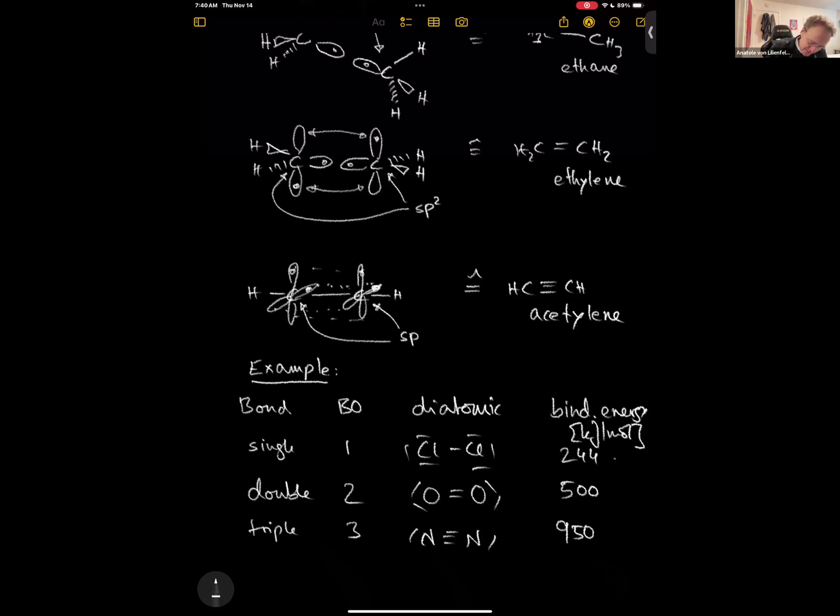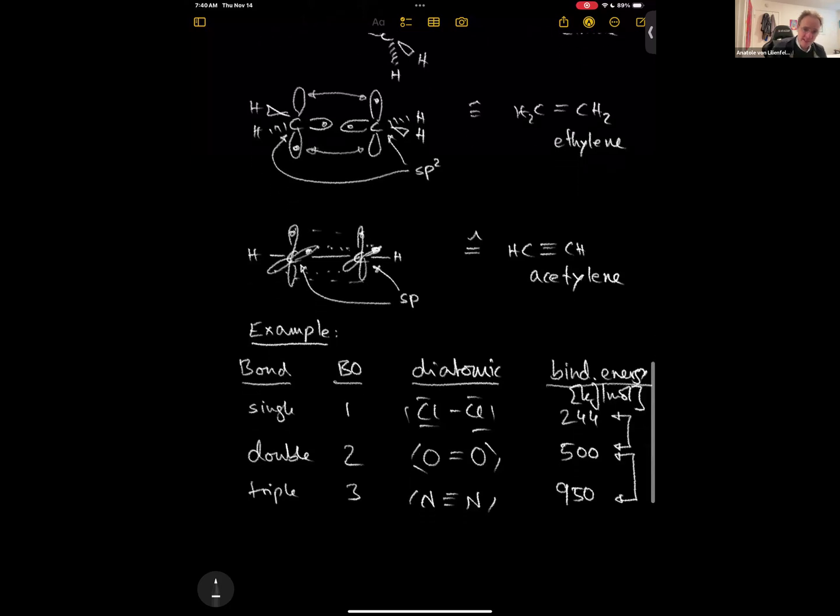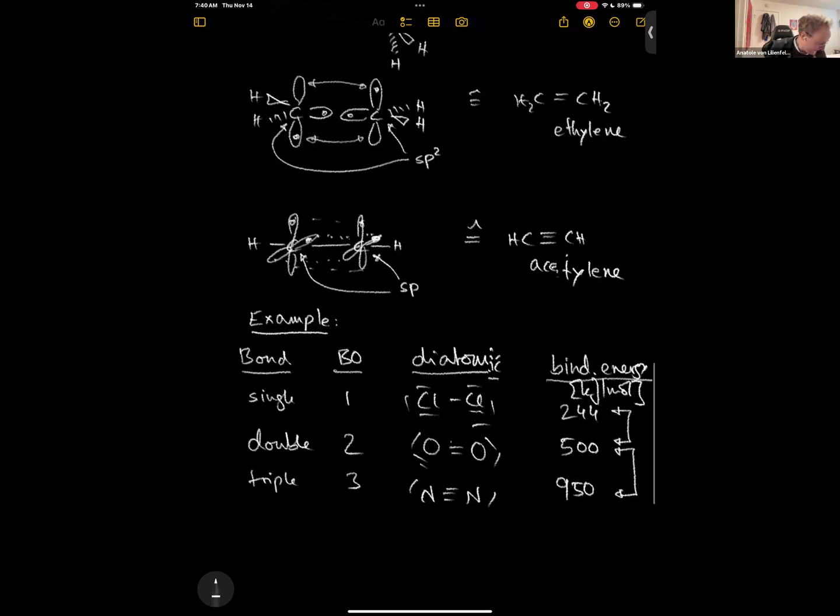And so you see with doubling, going from single to double, I can double my energy, and then going double to triple, I can even gain more than 50% of what's stored in the bond. Now this depends, of course, on the specific molecule, but it's not as if the trend necessarily should become sublinear in your order.